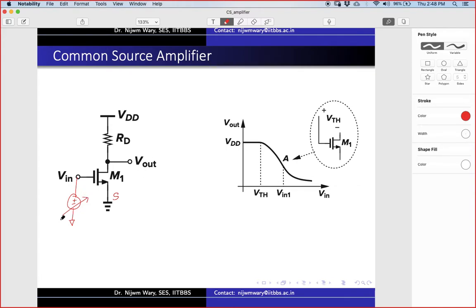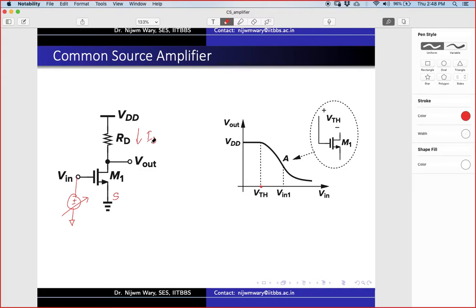When the voltage is really small, this transistor is in cutoff state, so there is no current flowing through this RD, and V out is equal to VDD. Now if I slowly increase this voltage such that V in is equal to VTH, the threshold voltage, then this MOSFET starts conducting and some current ID starts flowing through it.